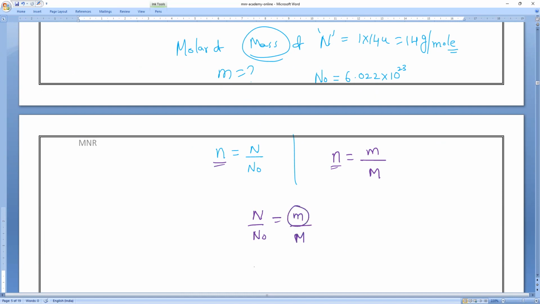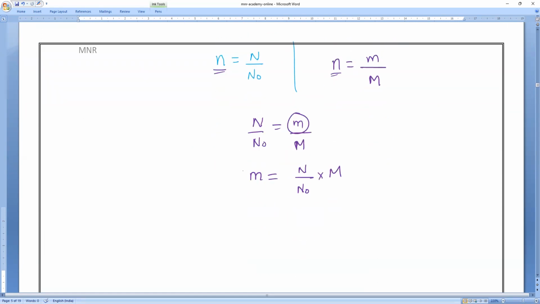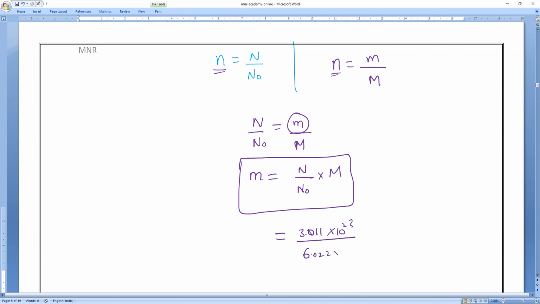We want small m. The capital M is in division, so it will come to this side and become multiplication. So small m equals 3.011 into 10 power 23 divided by Avogadro number 6.022 into 10 power 23, into the molar mass.